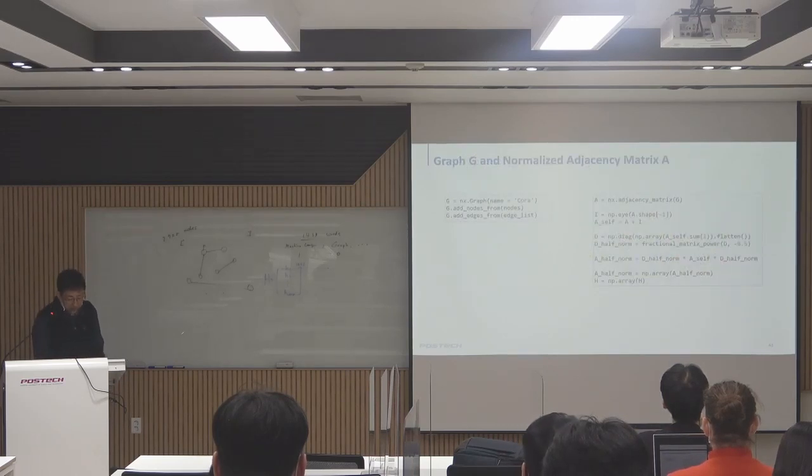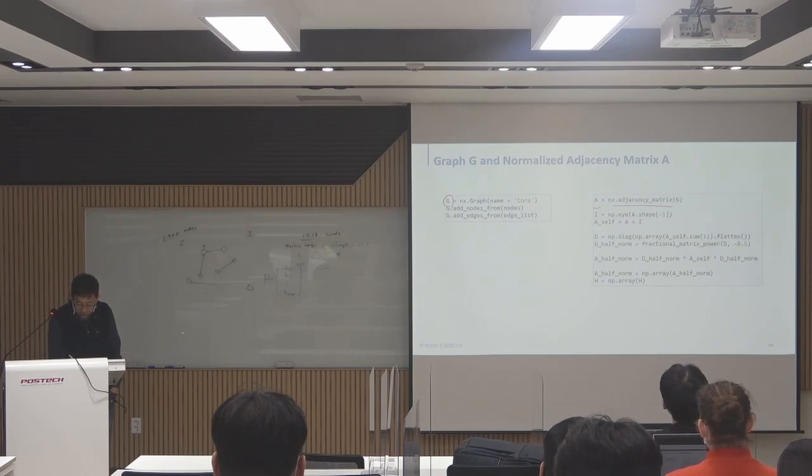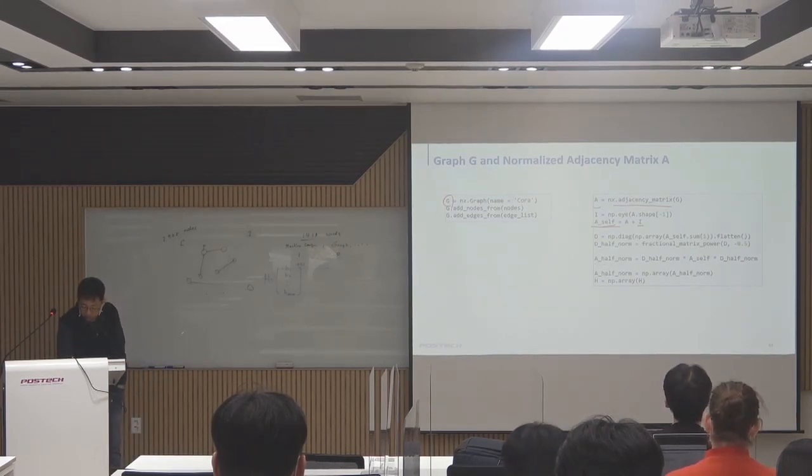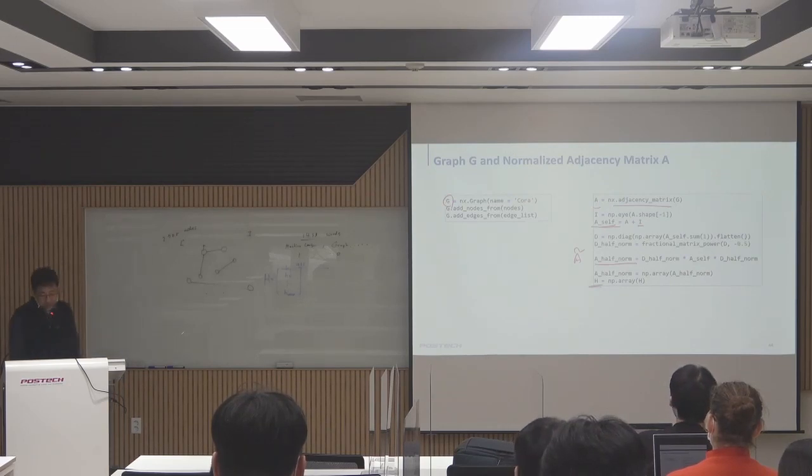How to implement it? We create the graph and get the adjacency matrix A, and add the identity matrix to get A self. And this is the normalized A tilde we have, and H is given.